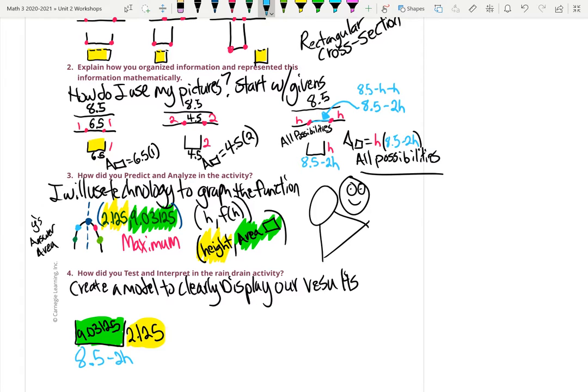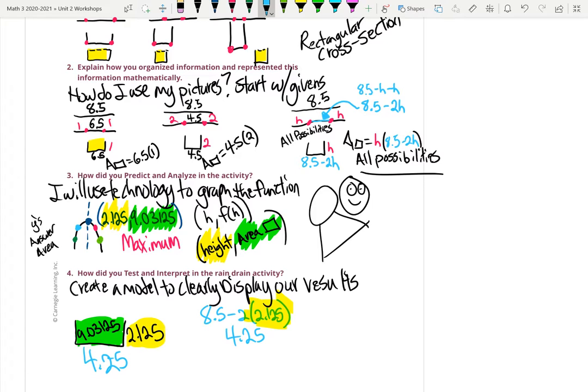So to figure out what the heck this needs to be, I'm going to do 8.5 minus 2 times 2.125. Notice where the height came from. This is going to be 4.25.